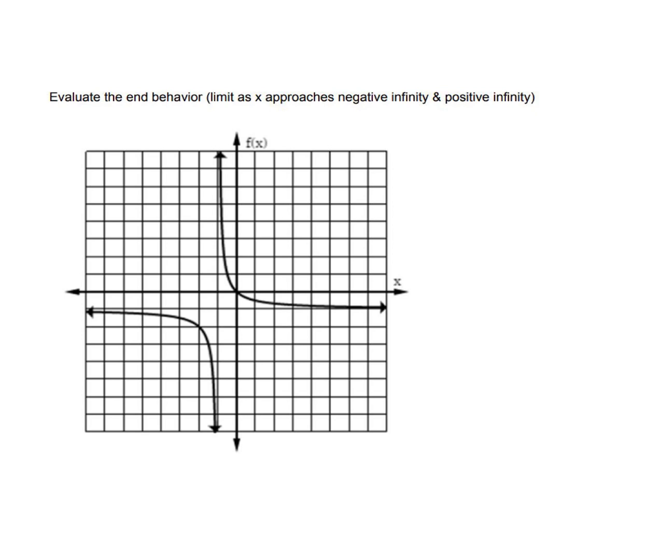So this one, we have to evaluate the end behavior. So this part here, I'm going to draw this in. This is a horizontal asymptote.